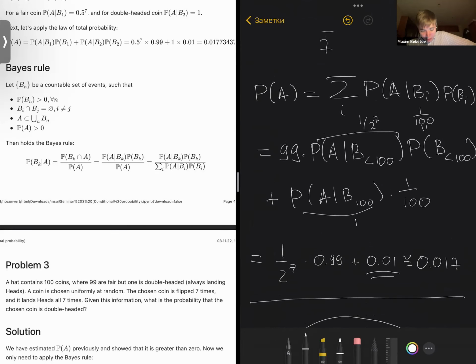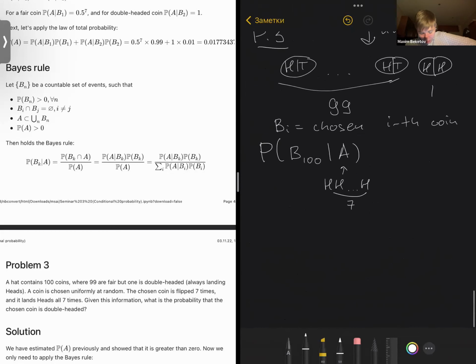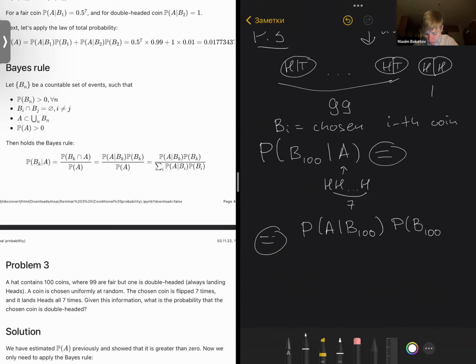We certainly have P of A, right? It should be helpful. So we can say that this is P of A given B100 times P of B100, divided by P of A, which we have from the previous problem.